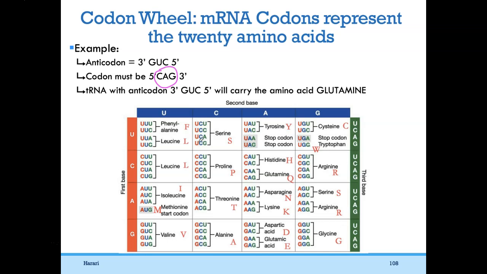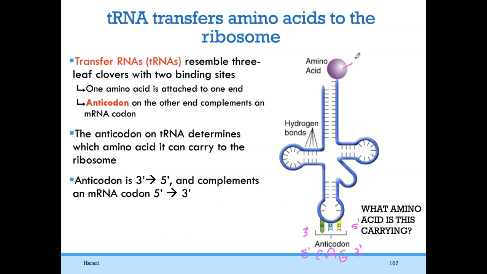This is a codon table, not an anticodon table. So if you're given an anticodon, you have to figure out what the codon will be. So we figured out that would be CAG. So CAG encodes for the amino acid glutamine. Therefore, this amino acid over here was a glutamine. Every tRNA with the anticodon GUC is carrying a glutamine.